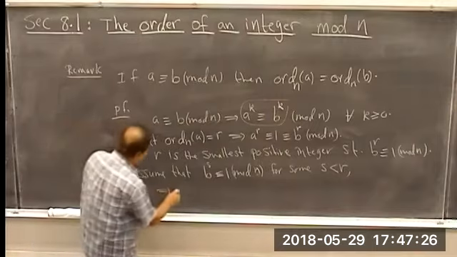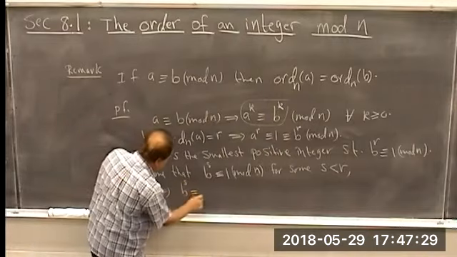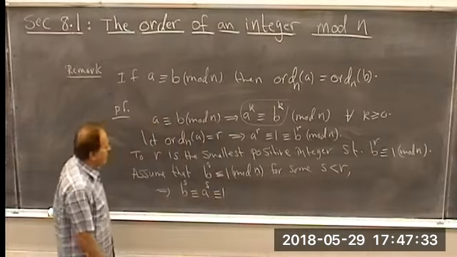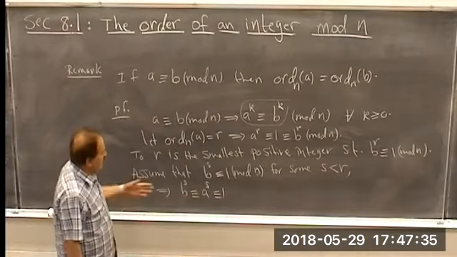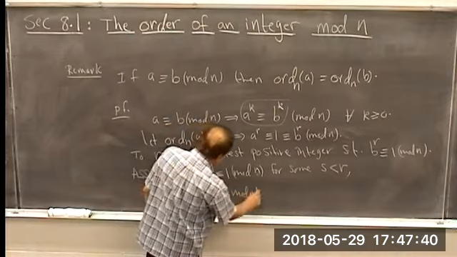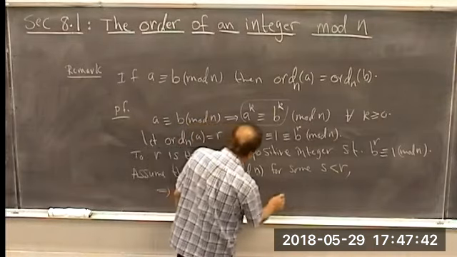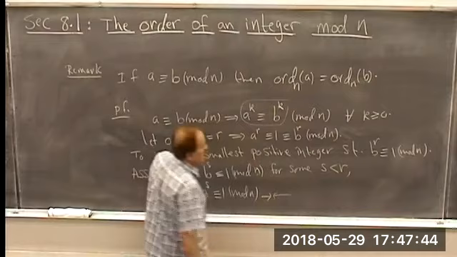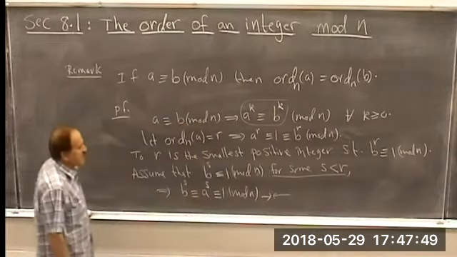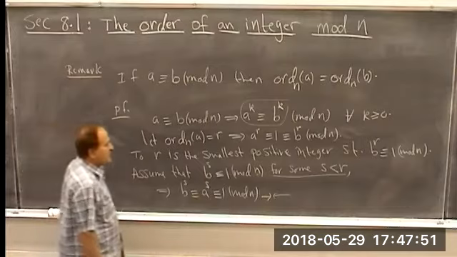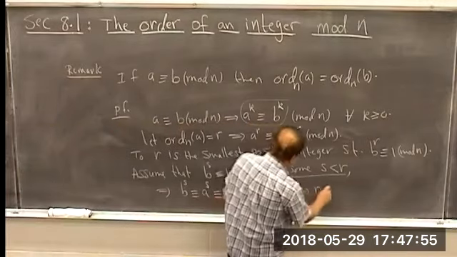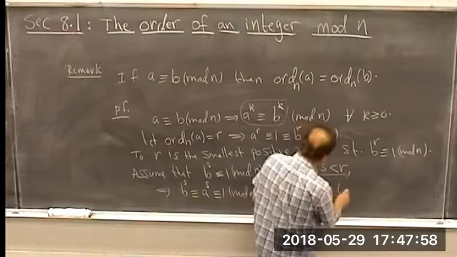So this implies B to the s is congruent to A to the s. And since B to the s is congruent to 1, then A to the s is congruent to 1 mod n. And this is a contradiction since we are assuming that s is less than r. So this implies r is the order.